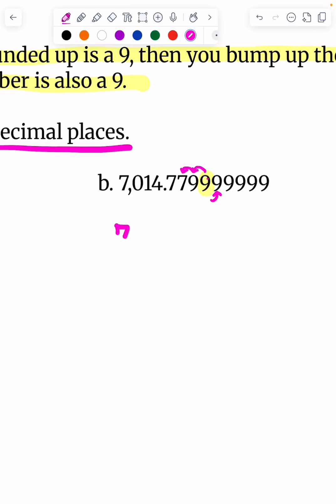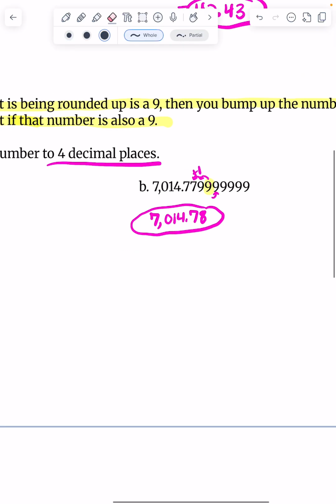So it's going to be 7,014.78 if you add that 1 to that 7 right there. So you just keep going until you find a digit less than 9 that you can actually add 1 to, and that's the answer. All right, order of operations.